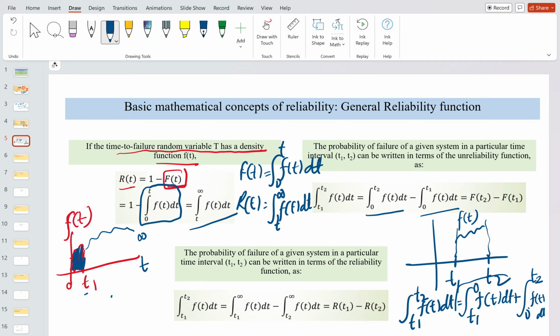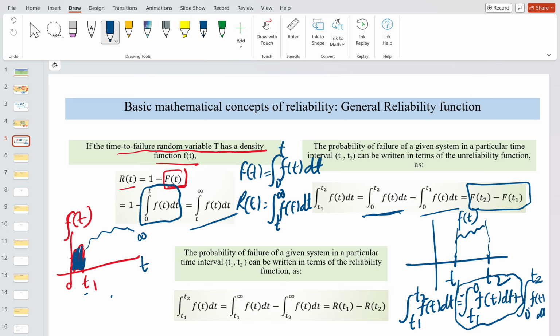Here you have to take the reverse, so for 0 to t1 you take the negative of that. So you can say that the integral from 0 to t2 of f(t) dt minus the integral from 0 to t1 of f(t) dt. So that is called F(t2) minus F(t1).